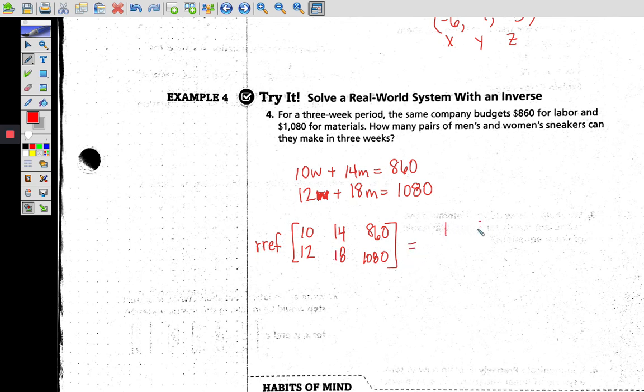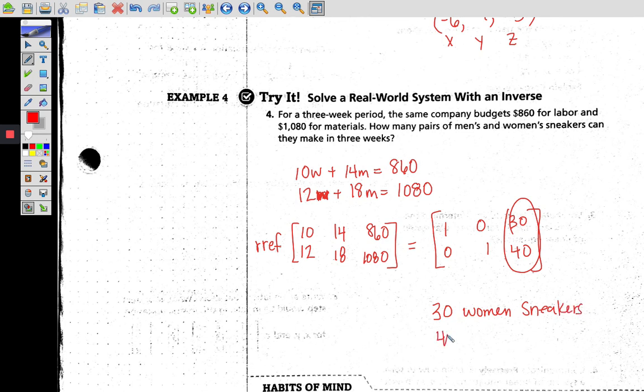You should get like 1, 0, 0, 1, and then two other numbers, right? What'd y'all get? 30 and 40. So what that tells me is, with that budget, we can make 30 women's sneakers and 40 pair of men's sneakers.